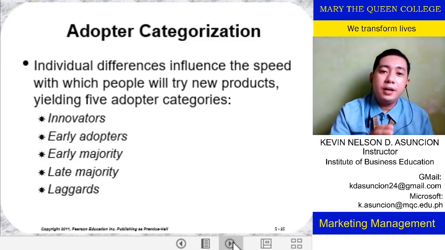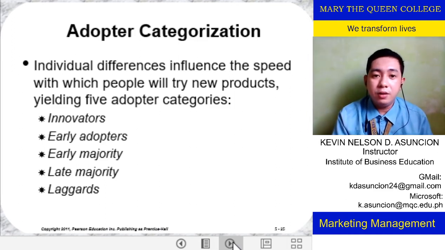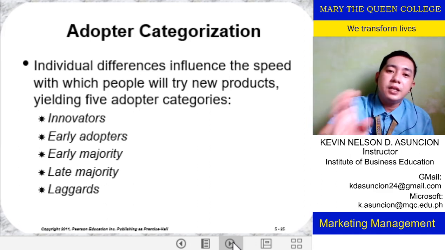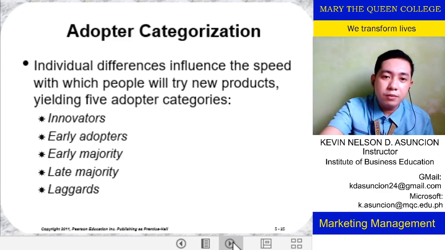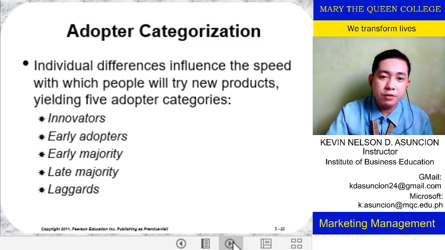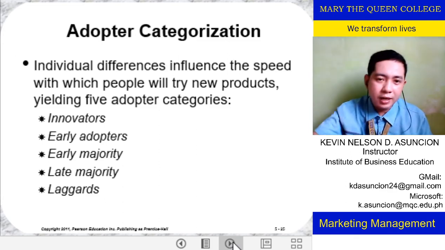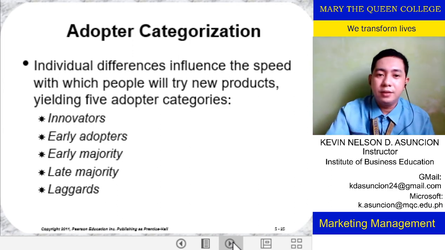There's a categorization of that adopting process. There are what you call innovators, early adopters, early majority, late majority, and laggards. Individual differences influence the speed with which people will try new products, yielding five adopter categories. Innovators are quick, always trying something new, that's why they innovate.